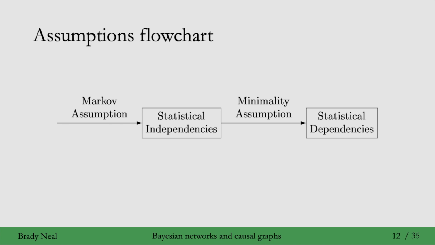Then the minimality assumption, when we add in that second part, we get statistical dependencies. So we can read off statistical dependencies in the graph, at least between adjacent nodes. So statistical dependencies can get a bit more complex when there's multiple paths between nodes. But we won't get into that until much later in the course when we see causal discovery.